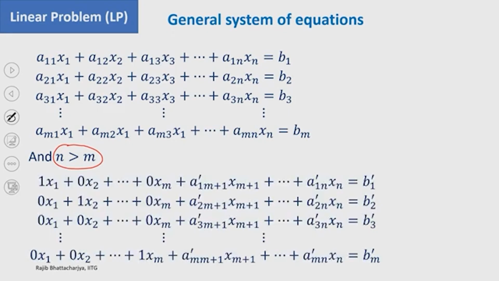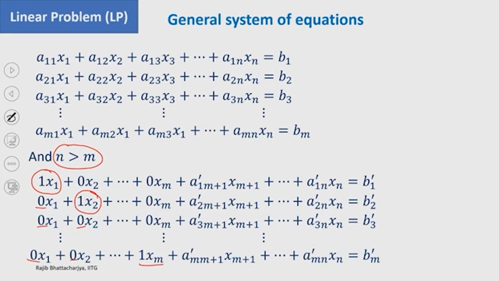In this case, by applying row operations, I can make the coefficient of variable x 1 equal to 1 and make it 0 in the other equations. Similarly, for x 2 the coefficient in the second equation is 1 and in the other equations it is 0, and similarly up to x m.